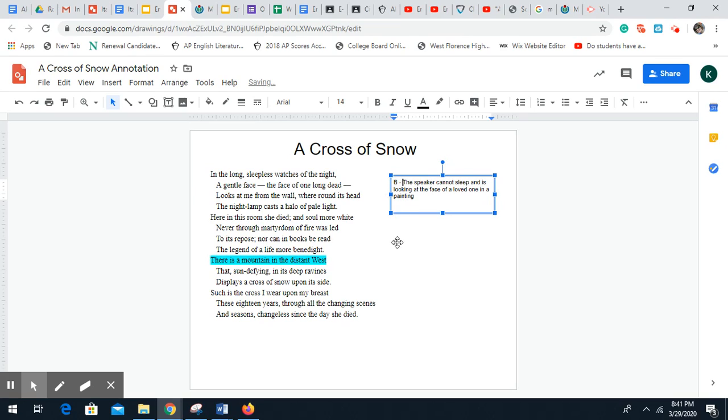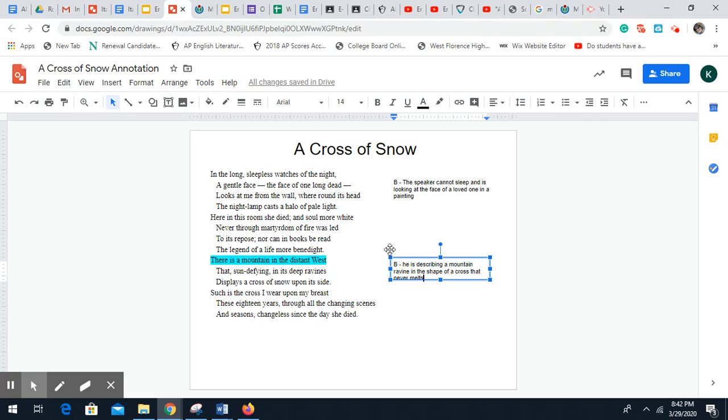Okay, and then we know what's happening in this part, so we can do another basic for this part, and that is the speaker is describing a mountain ravine in the shape of a cross that never melts. Okay. So we've got our basics. We know what's happening. Okay.